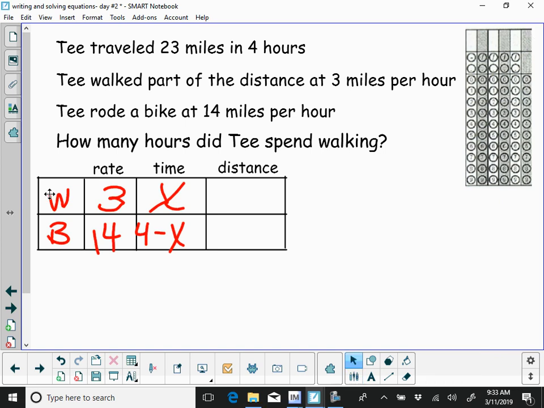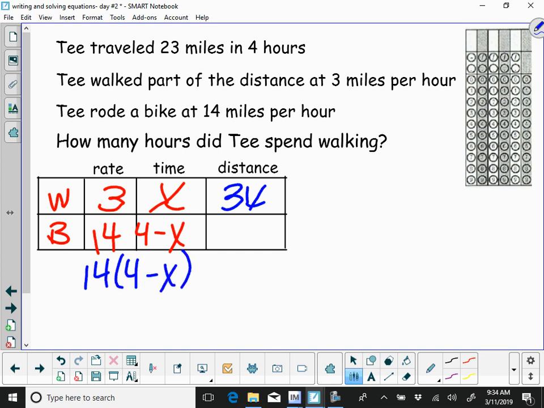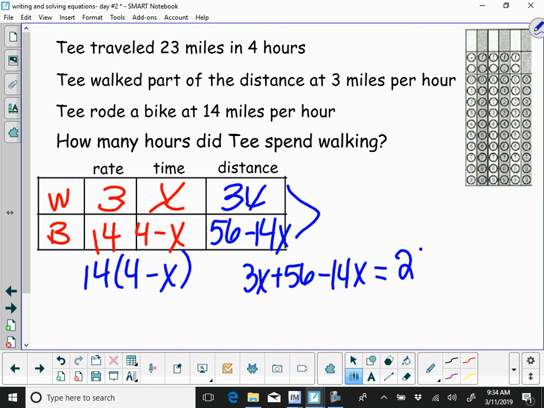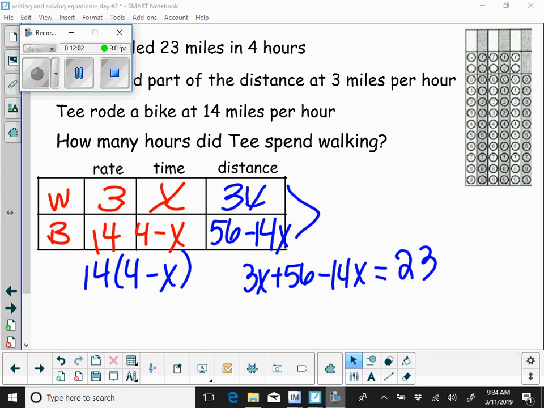So we're going to put those together. 3 times x is going to give me 3x. And then 14 times 4 minus x. What's 10 times 4? 40. What's 4 times 4? 16. Add it together, we get 56 minus 14x. So now put those together, and that will equal the 23 miles.